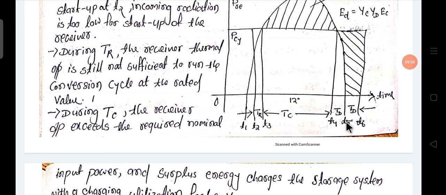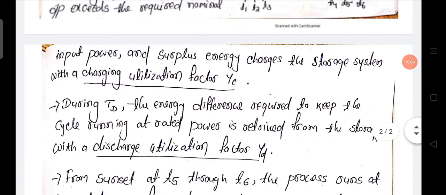But in T5 to T6, the power plant is run only by the storage thermal energy.